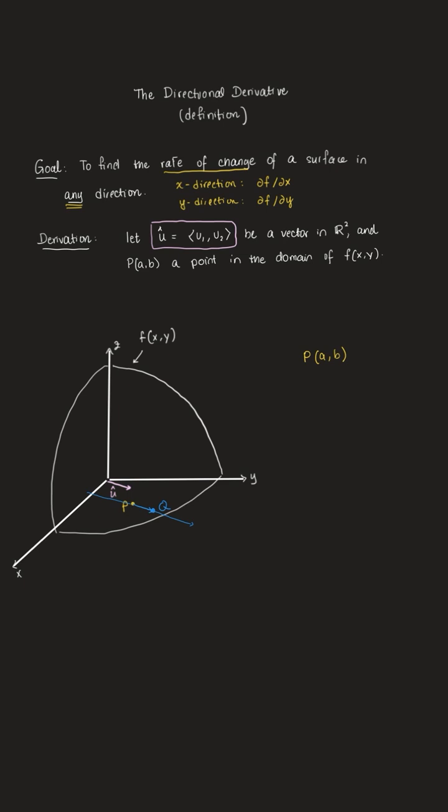The next thing that I'm going to do is project point P onto the surface, and we're going to call that point on the surface P prime. The coordinates of P prime are A, B, f of A, B. We will also project Q onto the surface and call that Q prime.